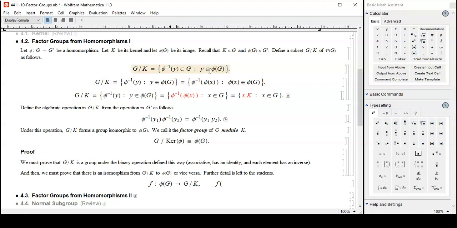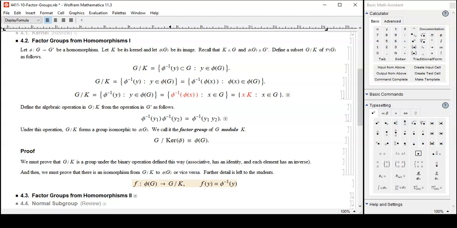The arbitrary element is y, so y is defined as phi of x like this. After all, that's the definition. That's how we define it, yes? And that's a natural map from phi of G to G over K.